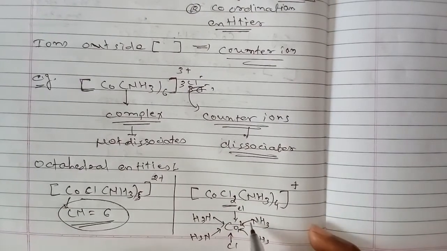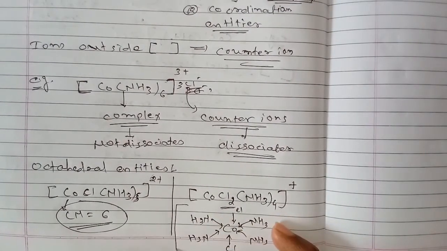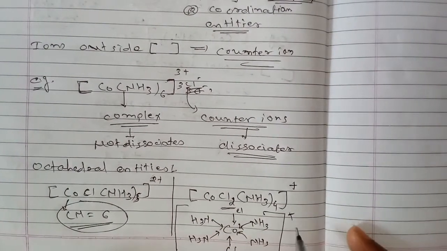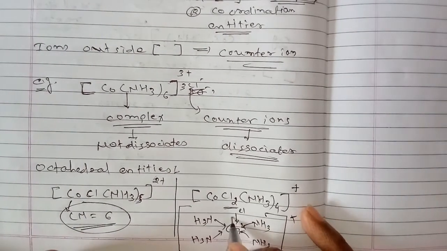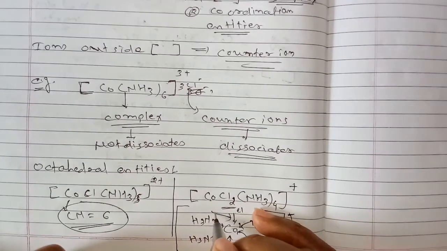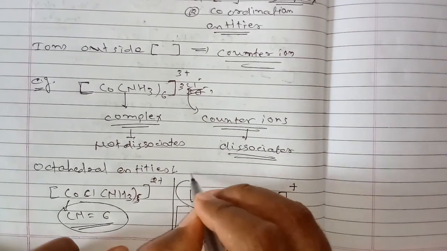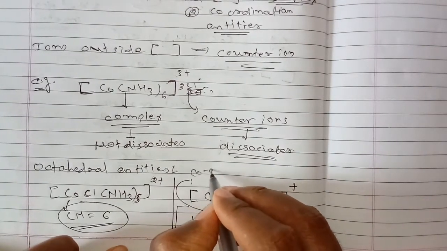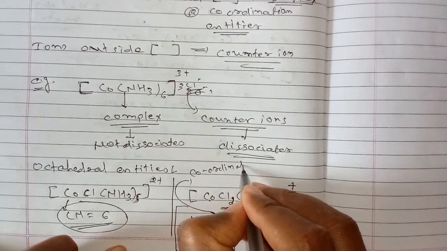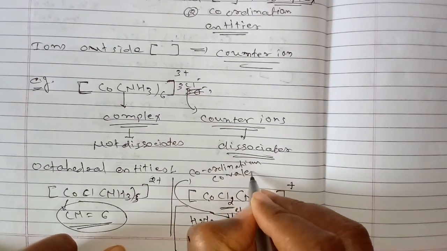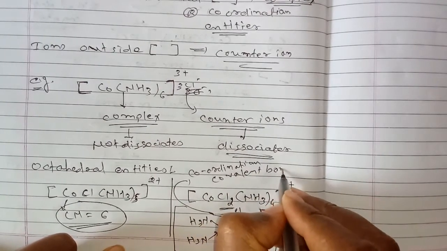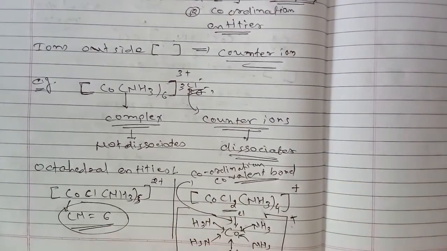Here it is in octahedral shape, and this is a coordination covalent bond.